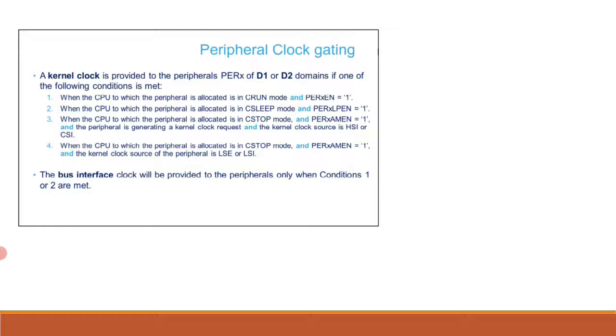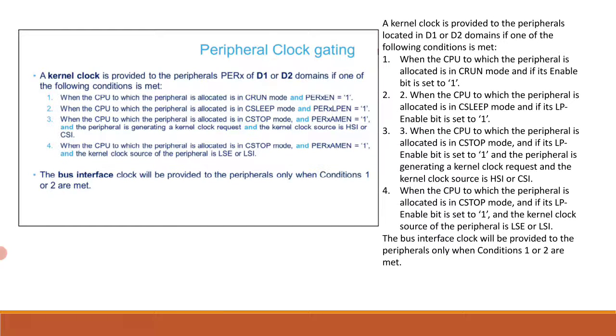A kernel clock is provided to the peripheral PRX of the domain D3 if one of the following conditions is met.